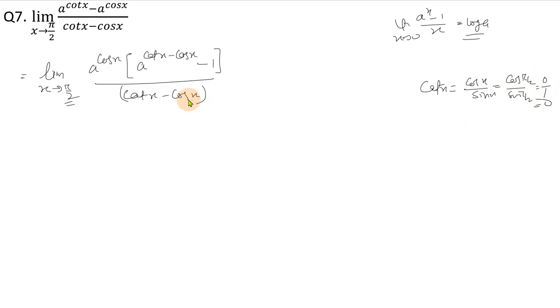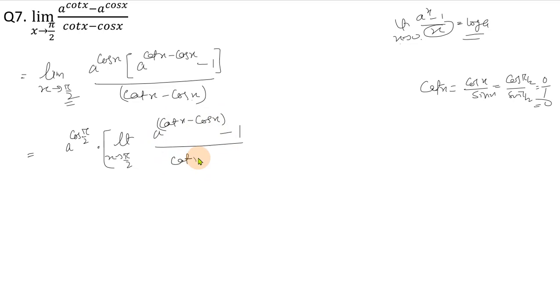Again cos 90 is 0. So this is of the same form as x approaches to 0, the denominator approaches to 0. So we can directly apply the formula. Now put here x equal to pi by 2, we get a power cos pi by 2 into, separating the limits, limit x approaches pi by 2 of a power (cot x minus cos x) whole minus 1 divided by cot x minus cos x.